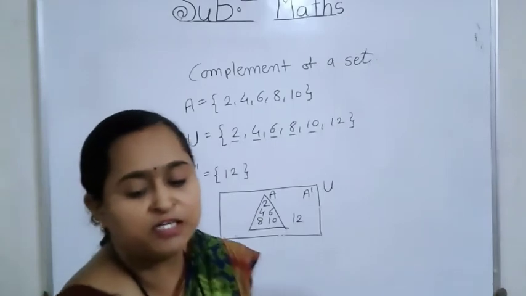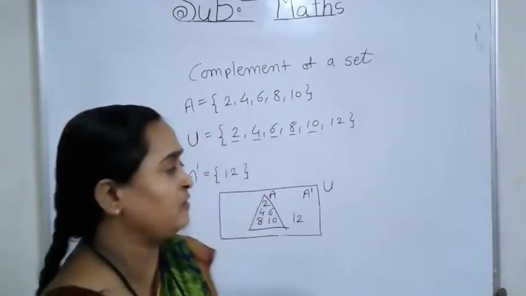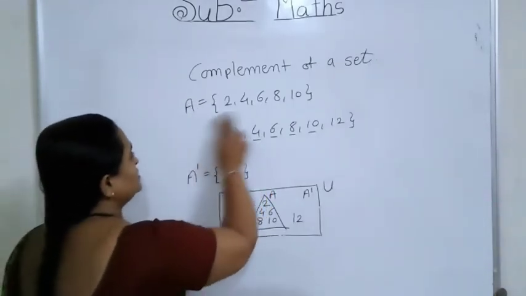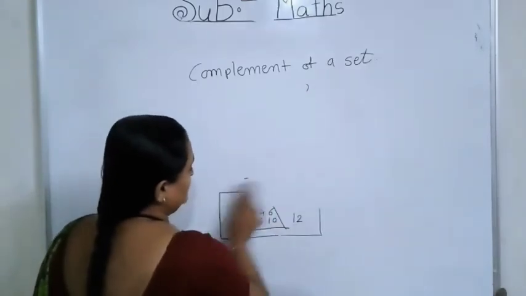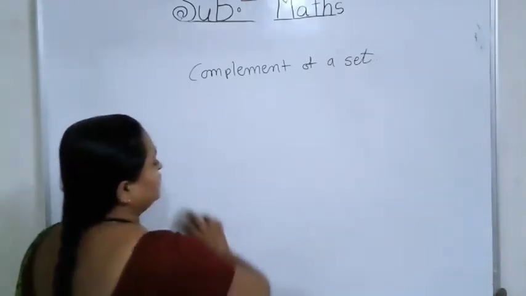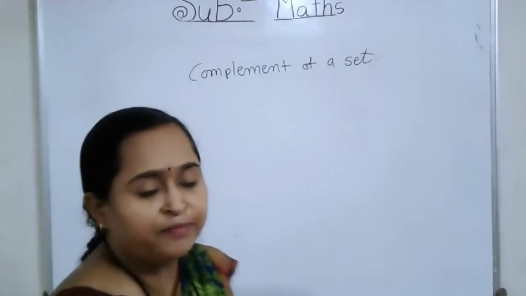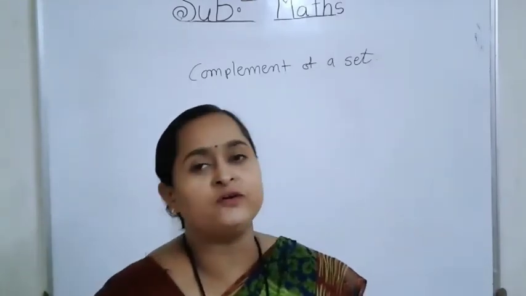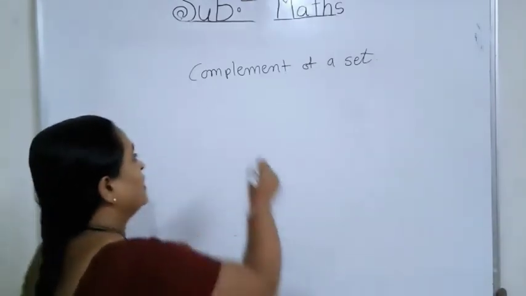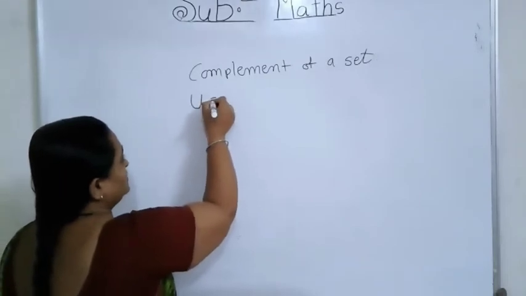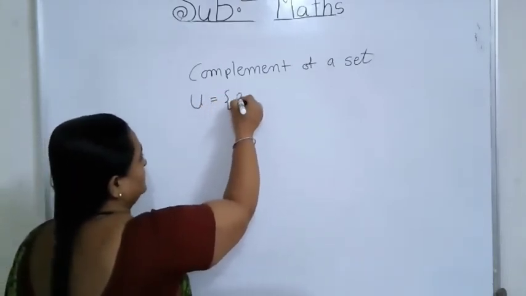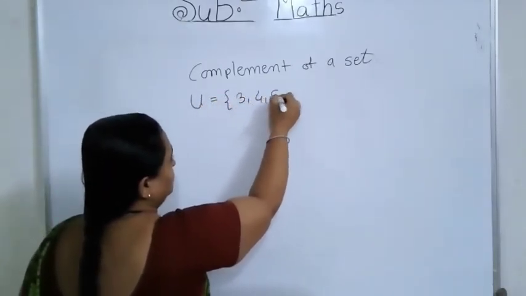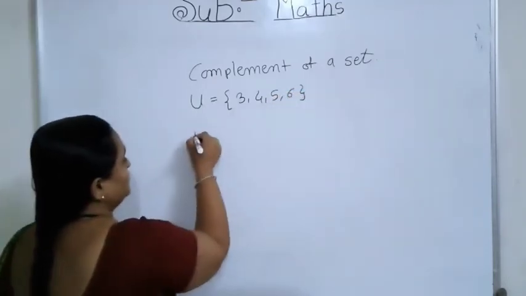Now next we will see properties of the complement of a set. Now the first property is that no elements are common in A and complement of A. Again we have to take an example for this. Universal set 3, 4, 5, 6.